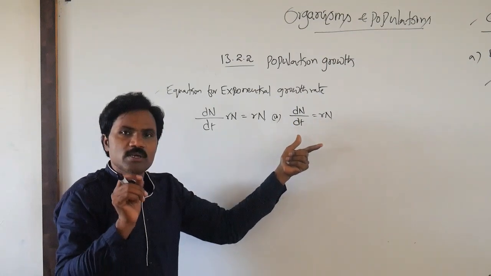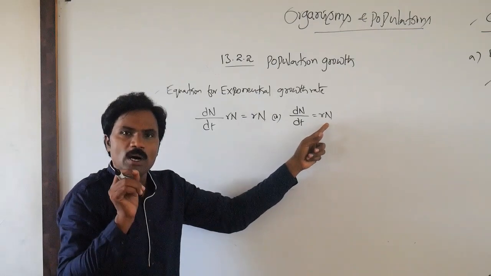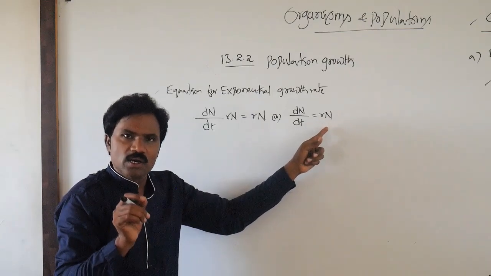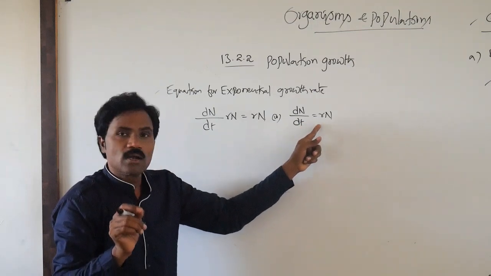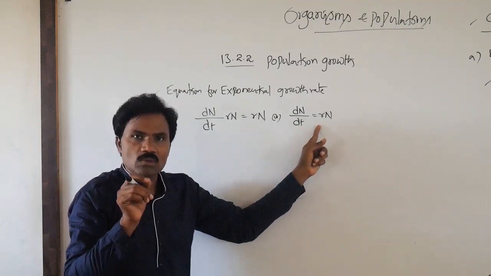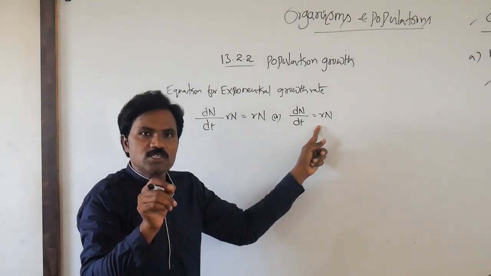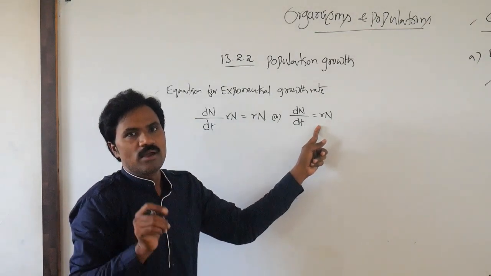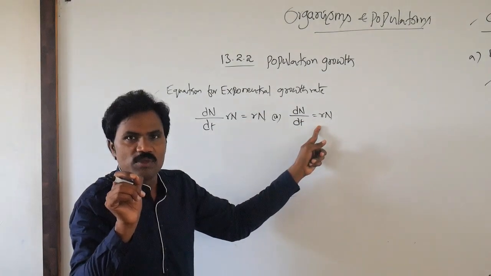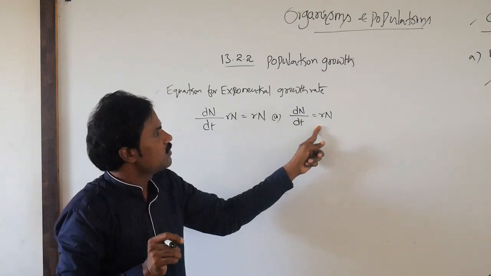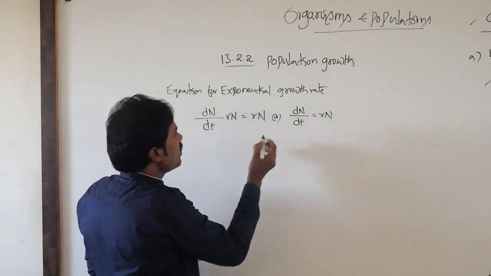dN/dt is the change of the population size, where N is the population size. Then r represents the intrinsic rate of natural increase of the population. That is, r is very important.